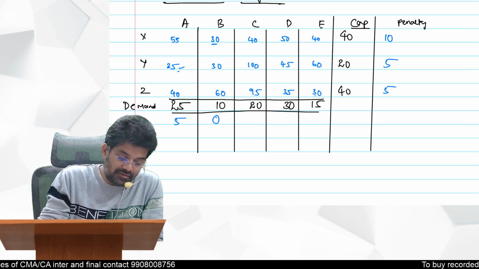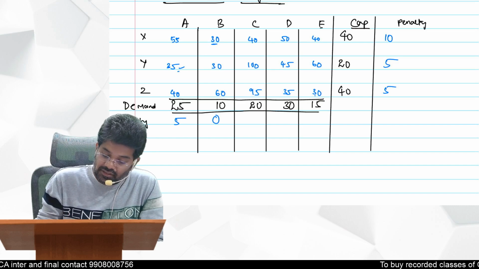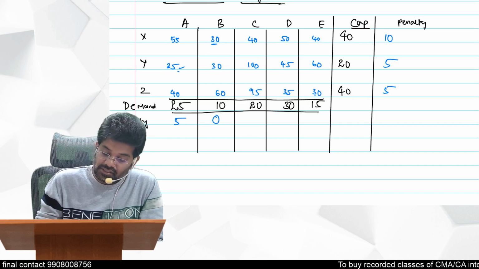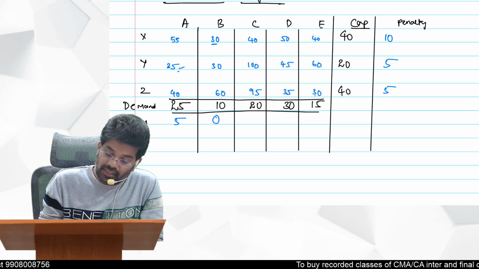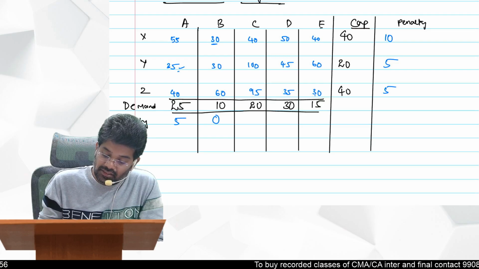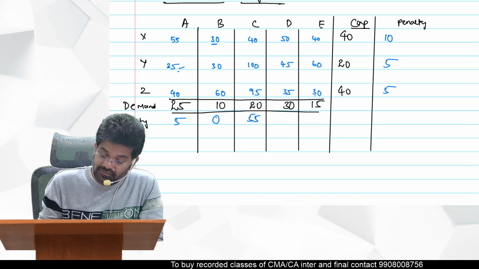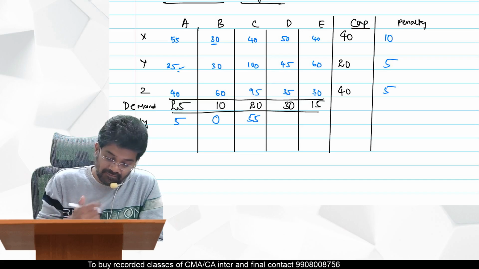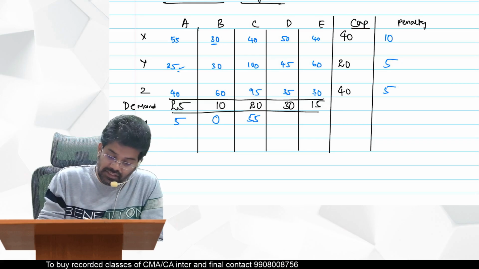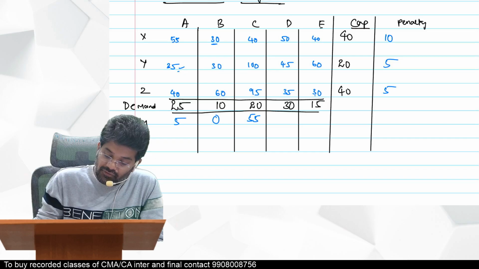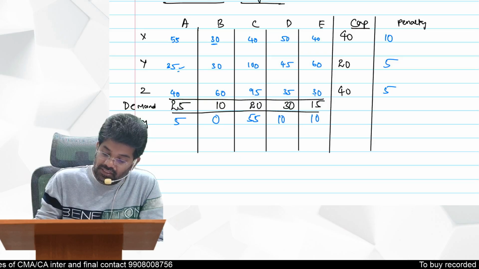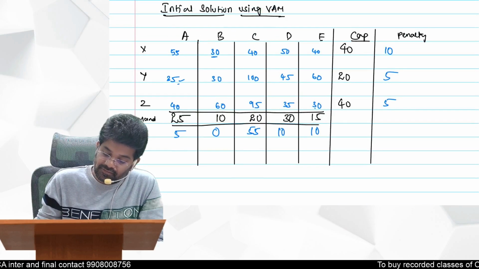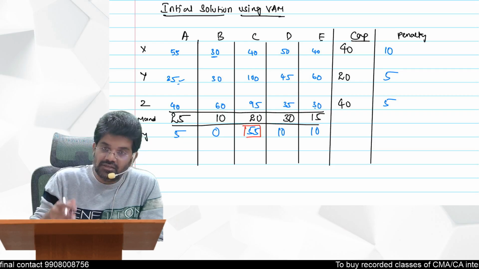Next, 40 and 95 gives 55. Next, 35 and 45 is 10. Then 30 and 40 is 10. Out of these, the highest penalty is this one. In this you should take the least cost.